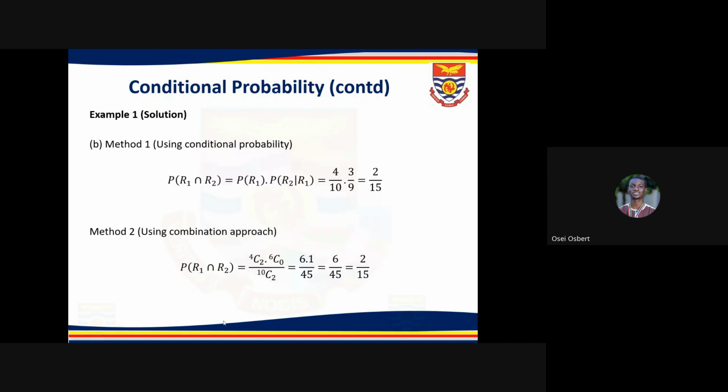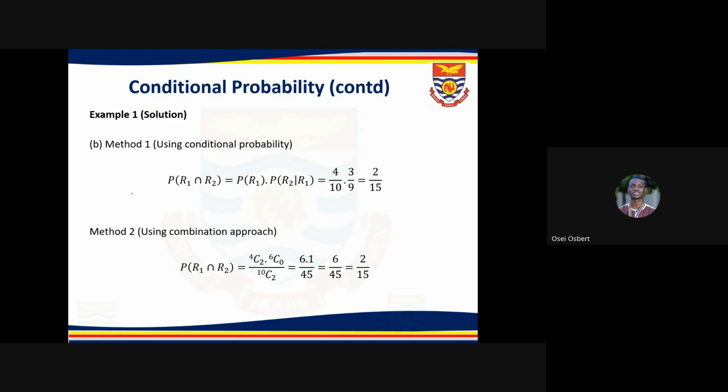So the second one we are on is we want to find the probability that both balls are red. We have the probability of R1 intersection R2. This I hope you understand. So this means the probability of red and red is quite different from the probability of red, given that red has already occurred.